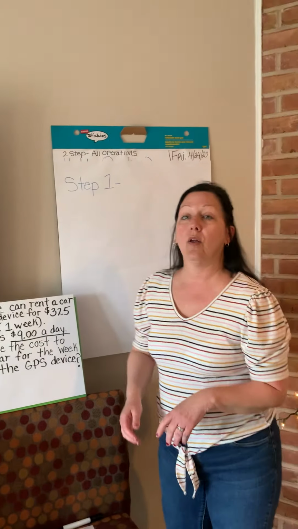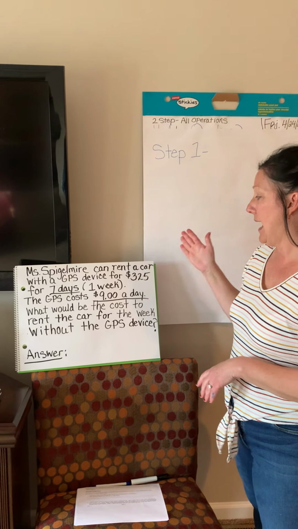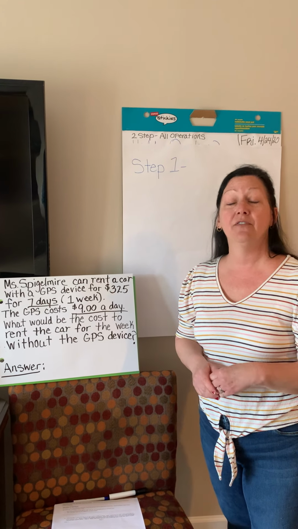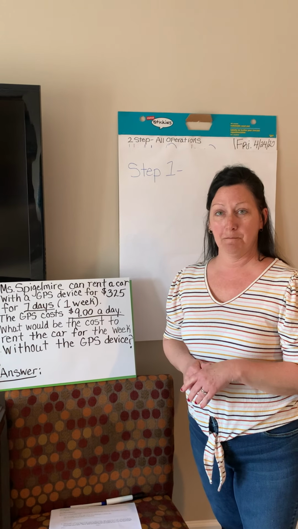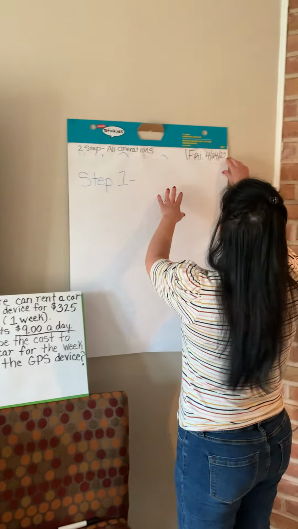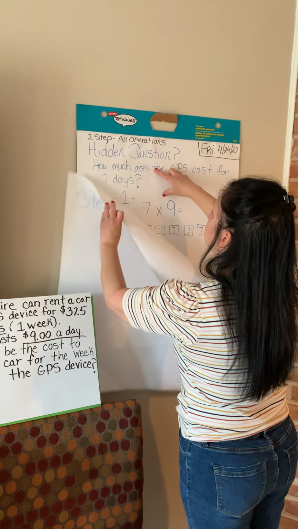So think about what the hidden question is. What question do we need to ask ourselves and solve before we can answer this problem? If you need to, pause the video. Think about it. Okay, so I already wrote the hidden question down to save some time.